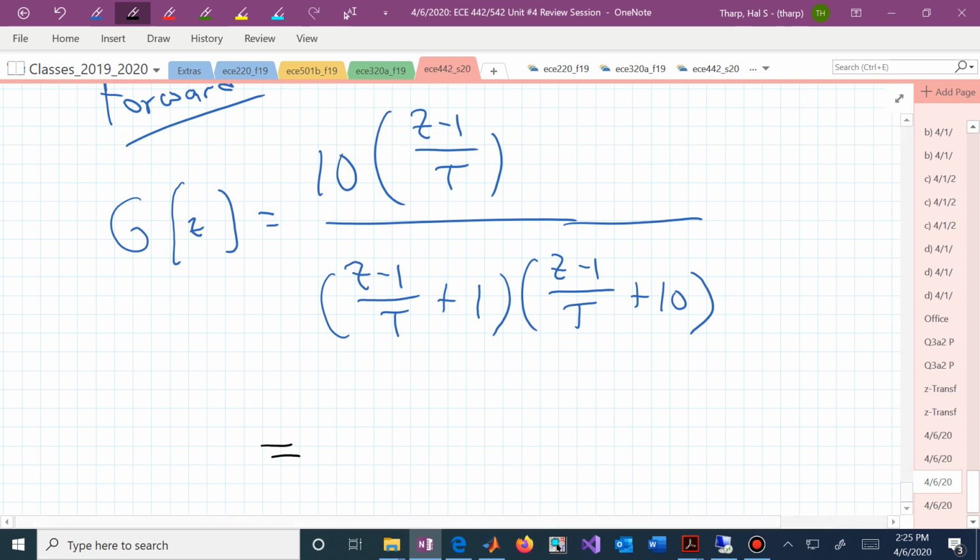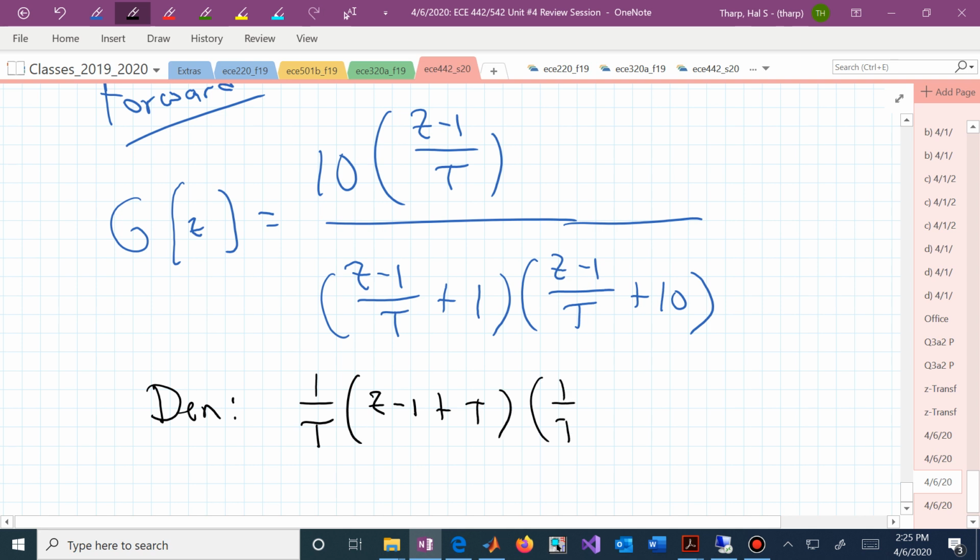It may not be left in this form. In this case, you might say, oh, that denominator, I'm going to rewrite that. I'm going to factor out a 1 over t from each of those factors.